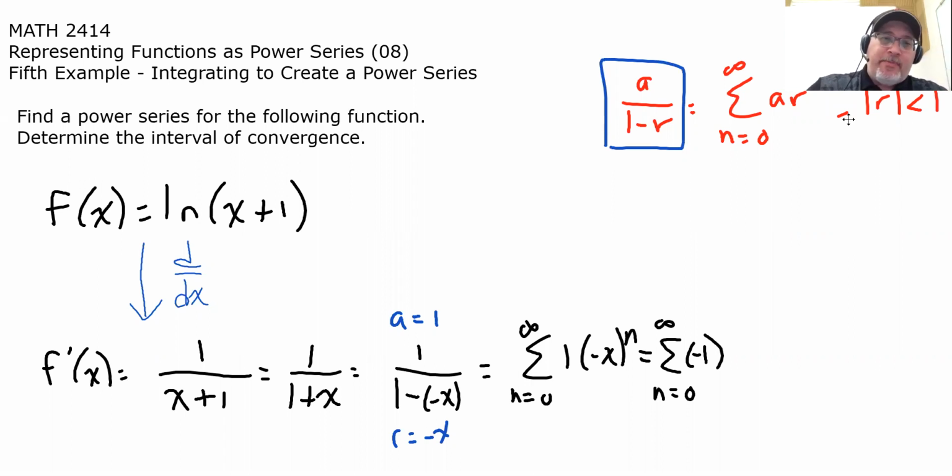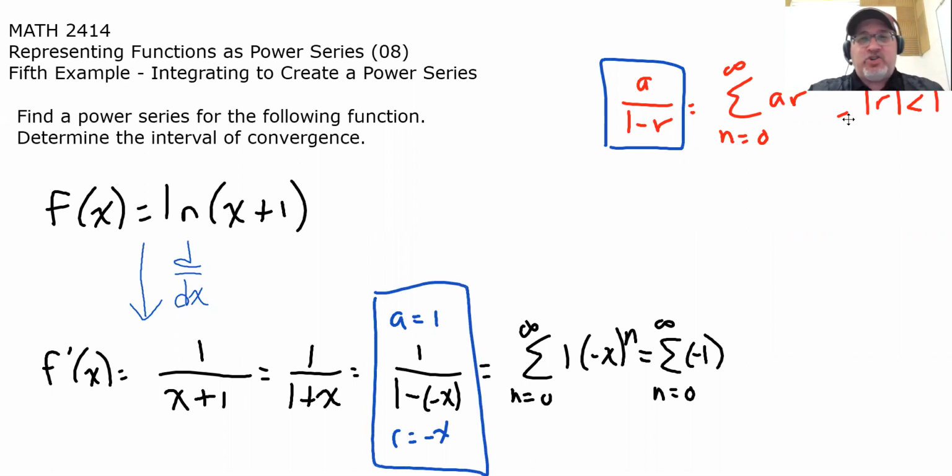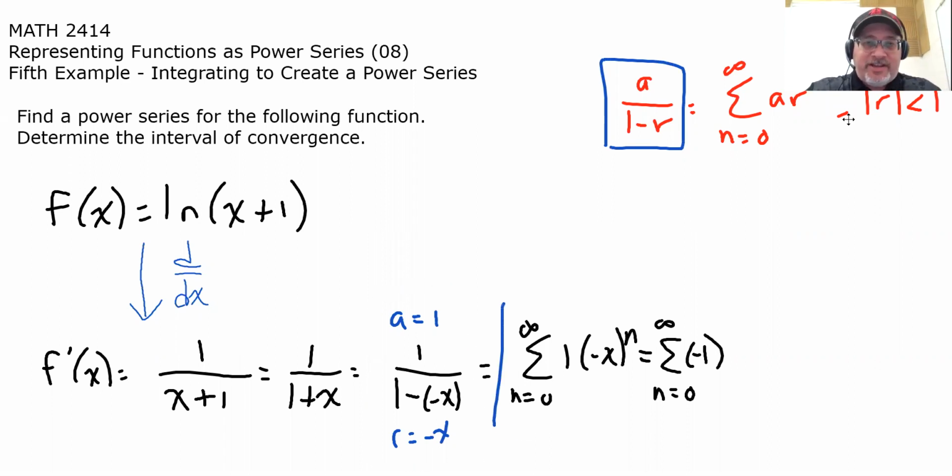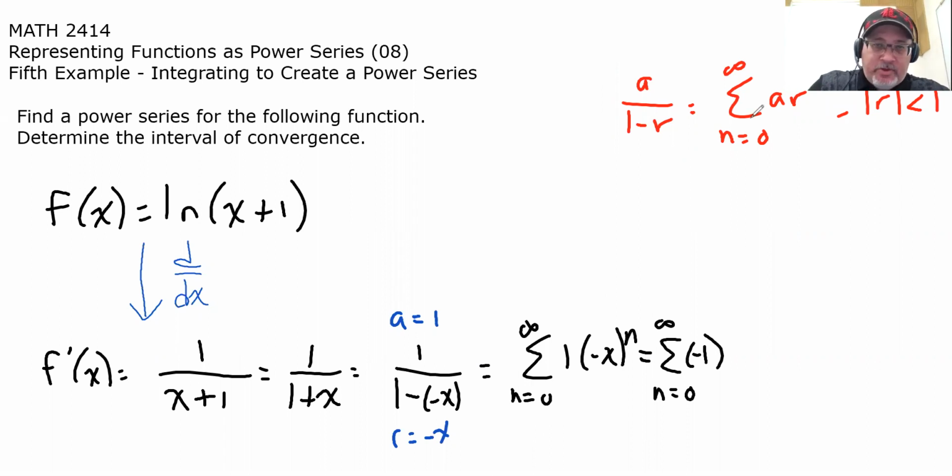And so we manipulated it until we could identify the first term and the ratio so that we could set up the sum. And I was in the process of rewriting the sum as a coefficient times the power of x. So we're taking this negative x to the n and giving the nth power to the negative 1 and to the x. The 1 in front was precisely that, a 1, so we don't have to worry about it.